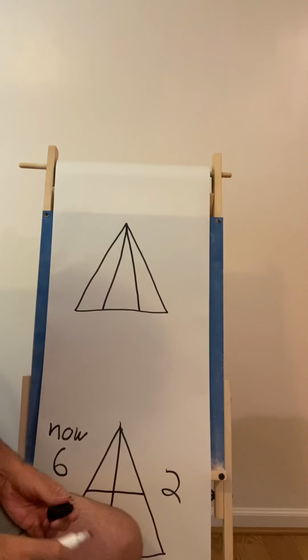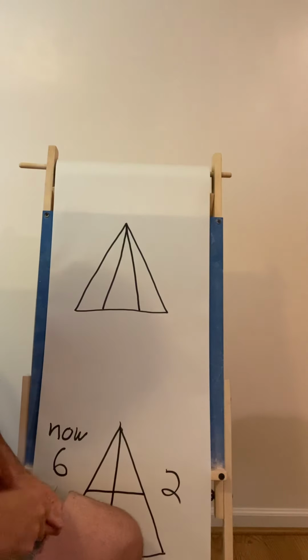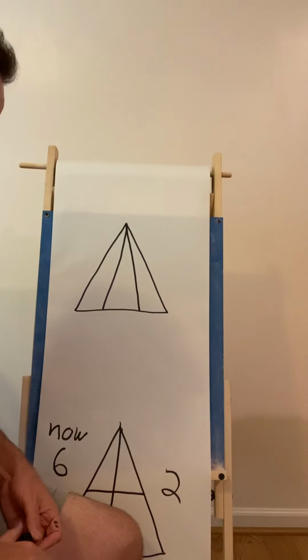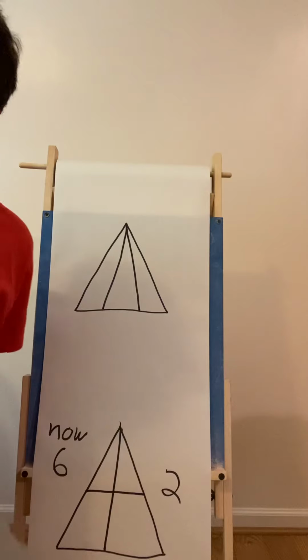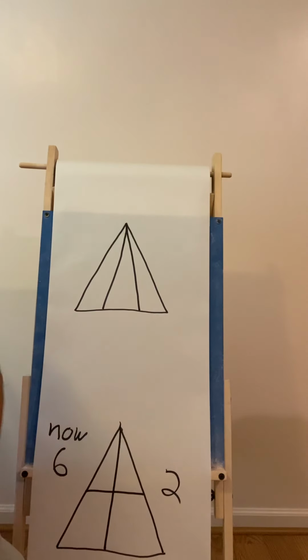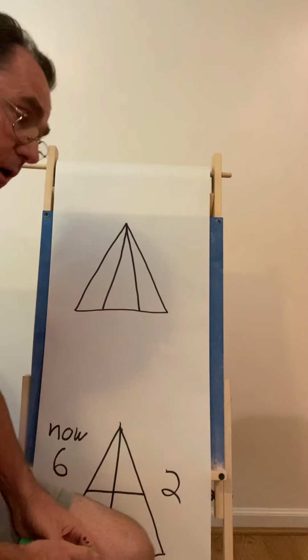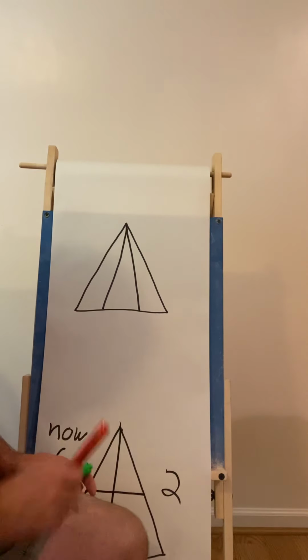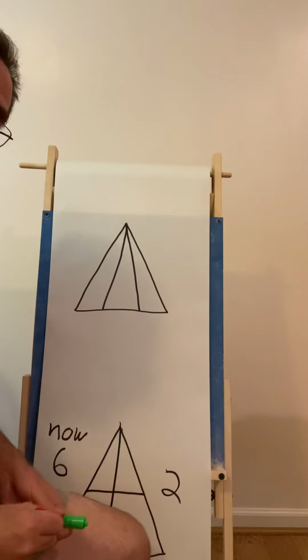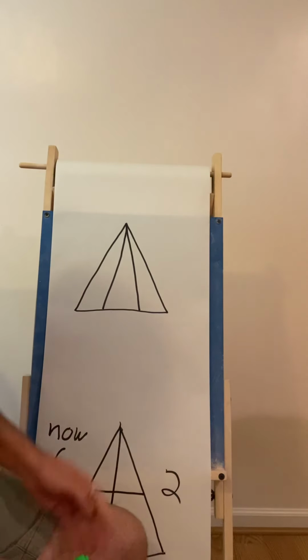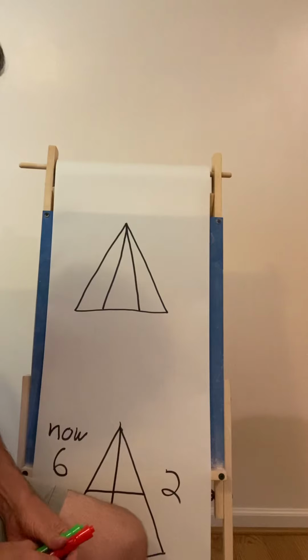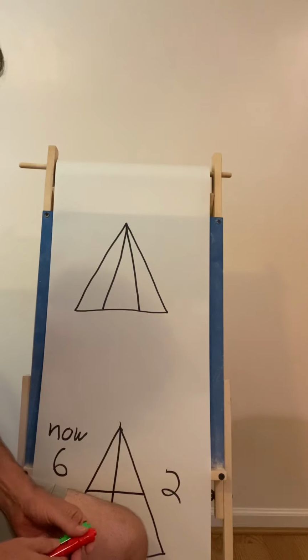How many triangles do you see now? And think about it before you answer. The most common incorrect answer is 4. People see the original big triangle, and then they see the 1, 2, 3 little triangles on the inside. So a lot of people want to say 4 is how many triangles there are there.